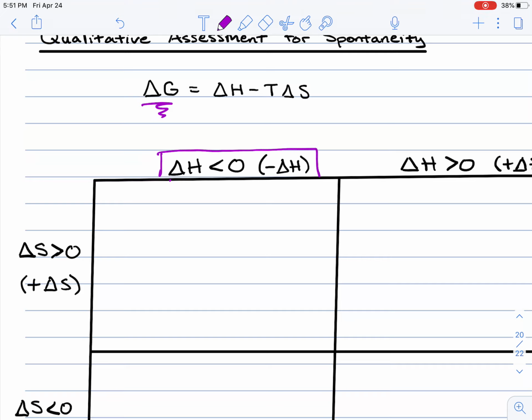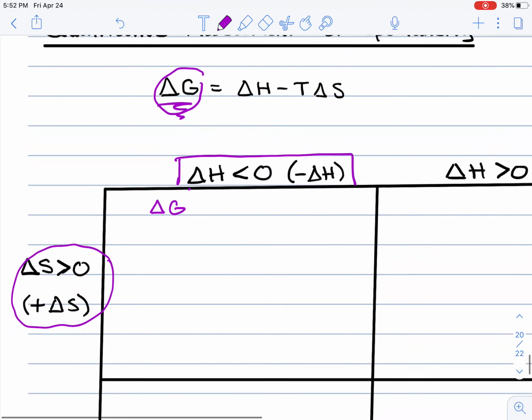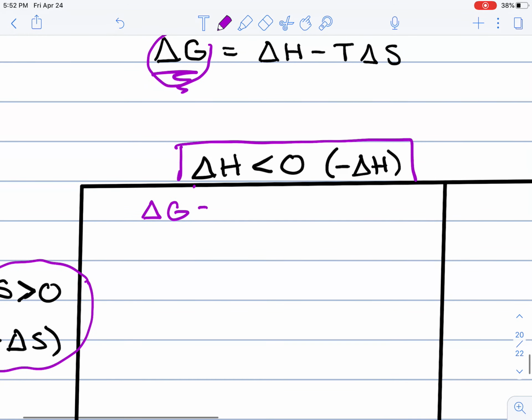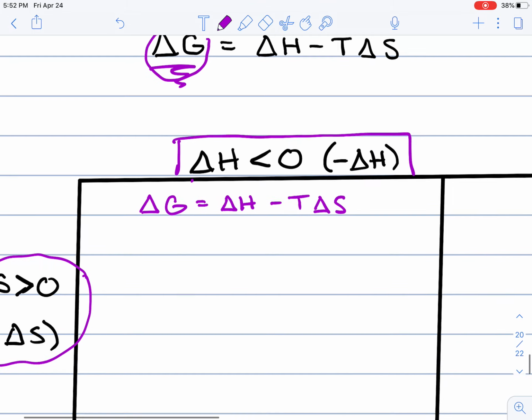If our enthalpy value is negative, and if our entropy value is positive, what would the sign be of delta G? I'll write that down here. So delta G, maybe I'll zoom in, is equal to delta H minus T delta S.